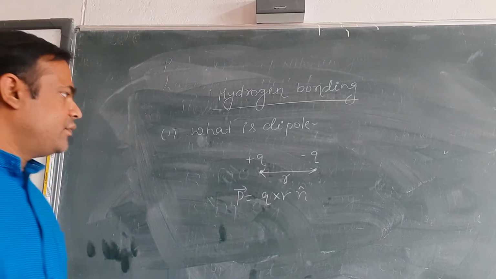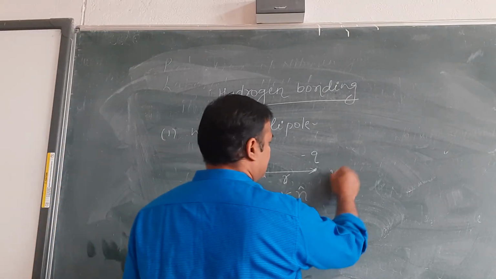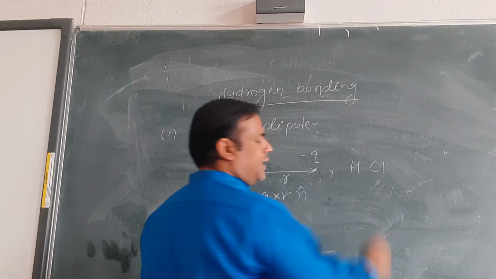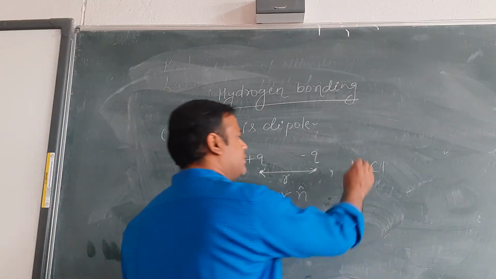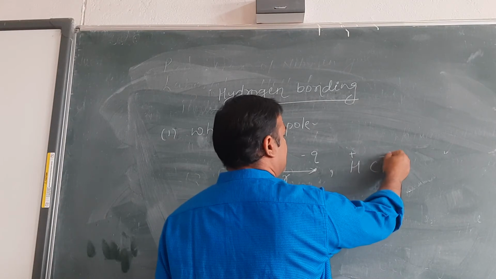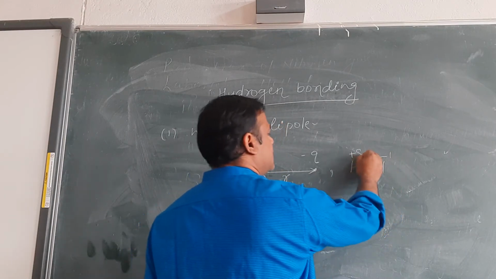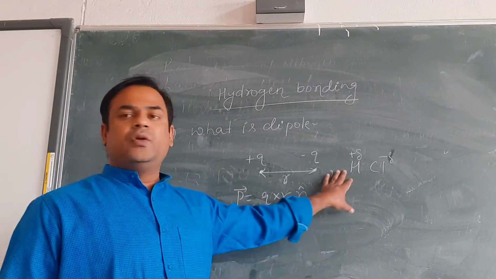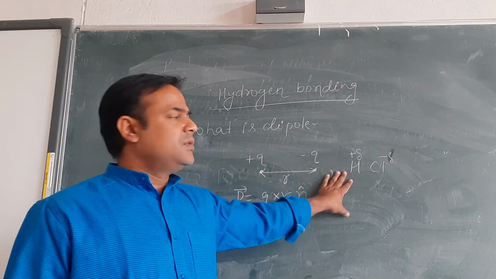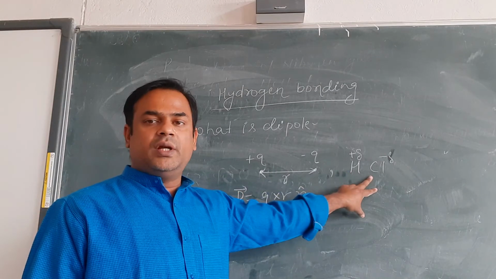For example, if I say HCl, then HCl has dipole, because H carries partial plus charge and Cl carries partial minus charge. Whatever is the magnitude of positive charge on hydrogen atom, same magnitude is there on chlorine atom also.